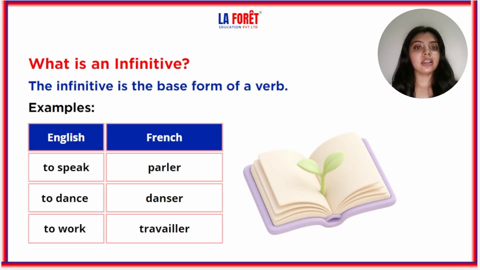So now first of all, let's see what an infinitive is. Infinitive is the base form of a verb. Base form means इसमें हम ER कट करते हैं and जो बच जाता है वो base रहता है. Like say examples, to speak means parler. Now danser is to dance and travailler is to work, and in all of these we can see that there is ER in the end.